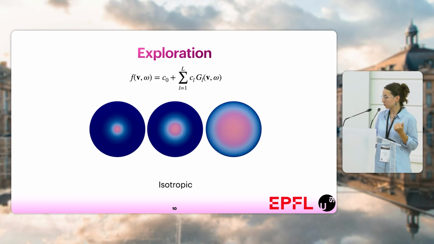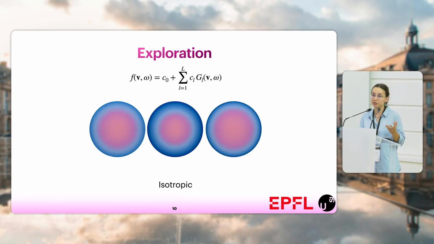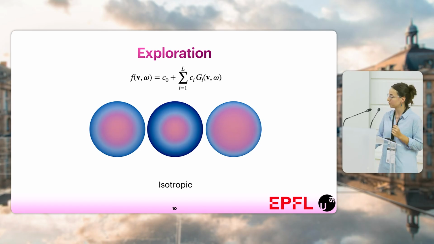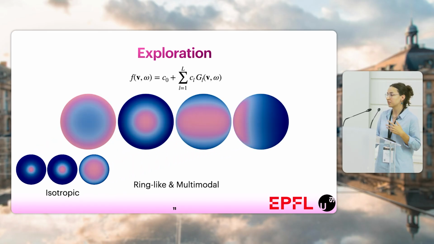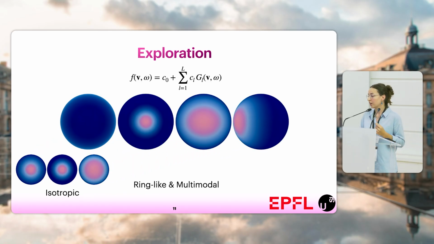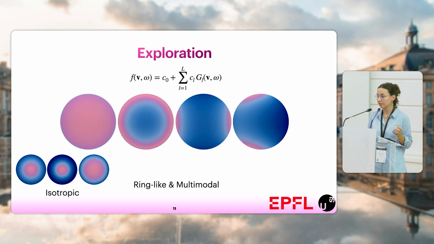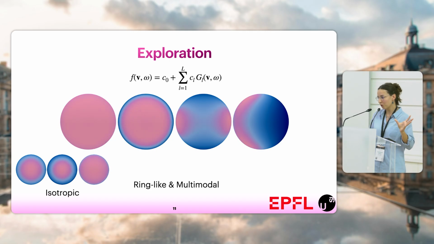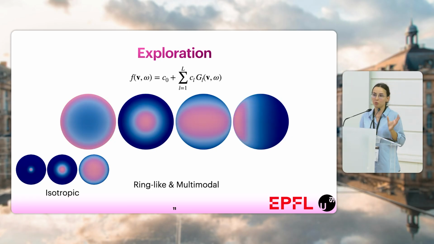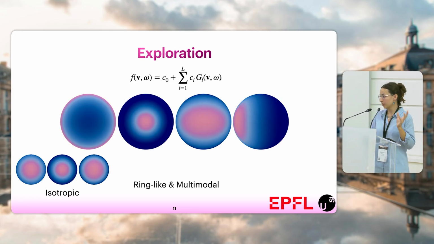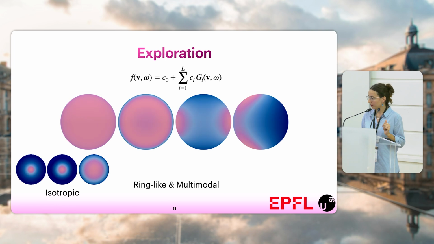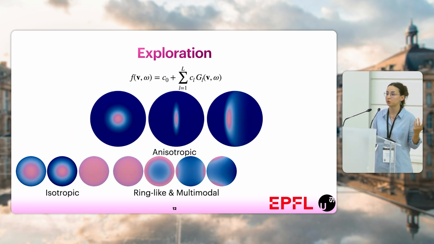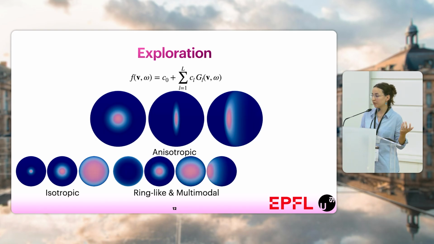The first one is isotropic kernels, which are rotationally symmetric, like spherical Gaussians or spherical betas. The second family consists of ring-like functions and multimodal kernels that are able to split a unimode into multiple lobes and model more complex signals. And finally, we consider anisotropic kernels like linearly transformed cosines or anisotropic spherical Gaussians.